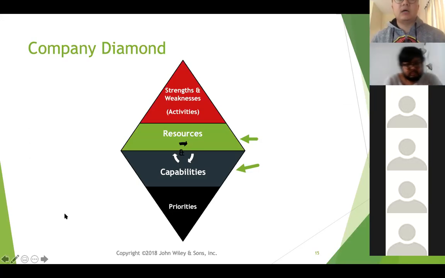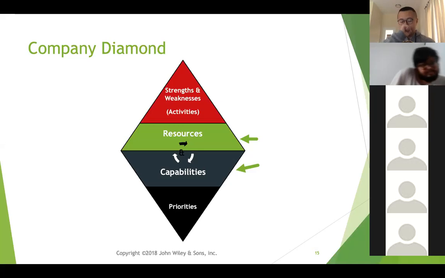So here is a company demo. Why is it called diamond? I'll give you two ways to explain it. First one is the shape of this analysis. The picture here is like the shape of a diamond.